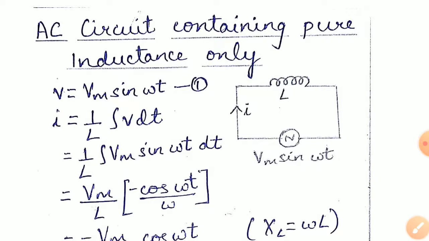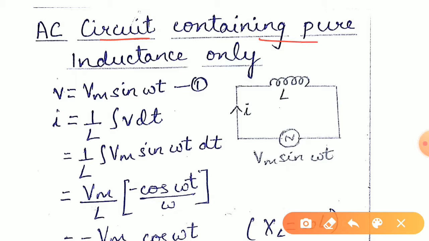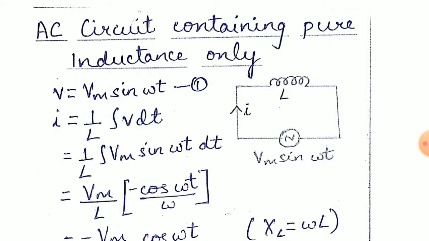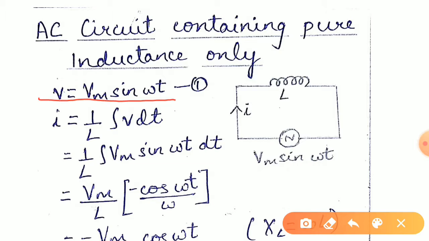Let us go to the second circuit, that is an AC circuit containing pure inductance only. Here, an inductance L is connected to an AC voltage source with a current I flowing in the circuit. When an alternating voltage of V is equal to Vm sin omega t is applied to the circuit, then the current correspondingly obtained will be I is equal to 1 by L integral V dt.